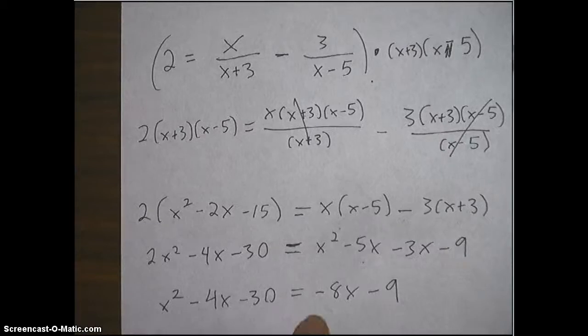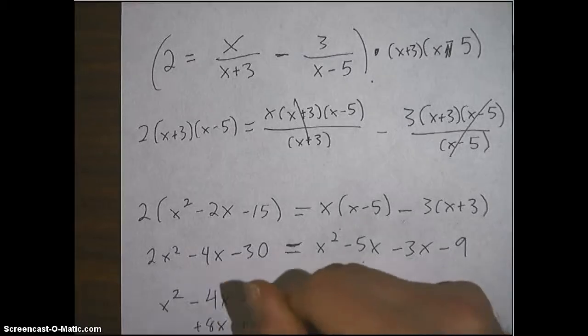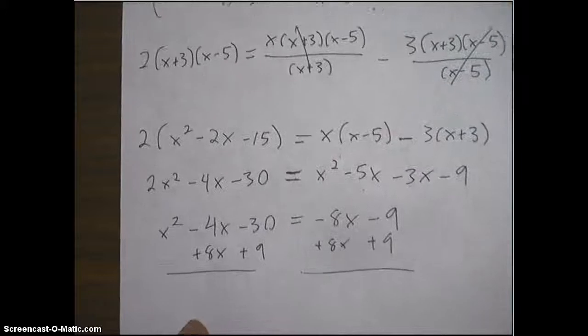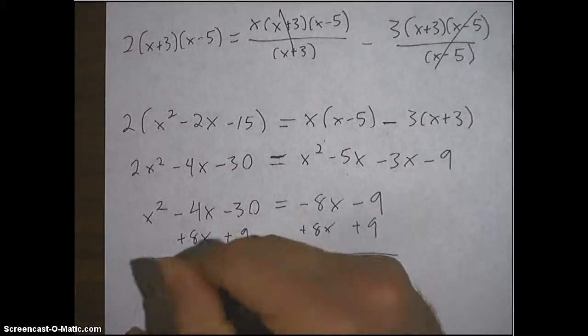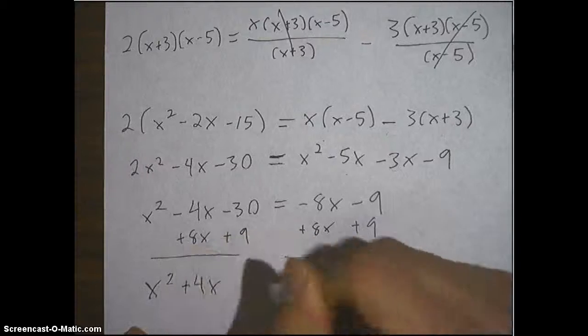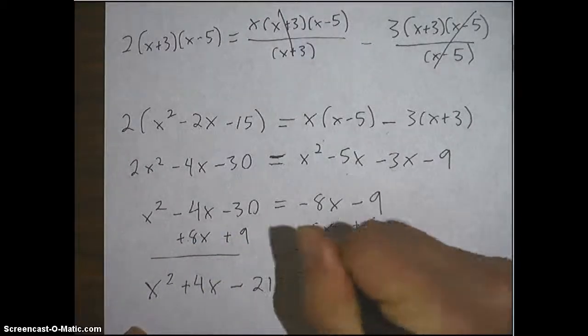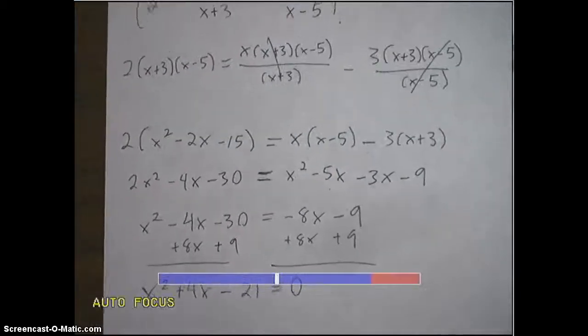And now I'm just going to add the 8x and add the 9. And that's going to give me x squared plus 4x minus 21 equals 0. So I need to go ahead and factor this thing.